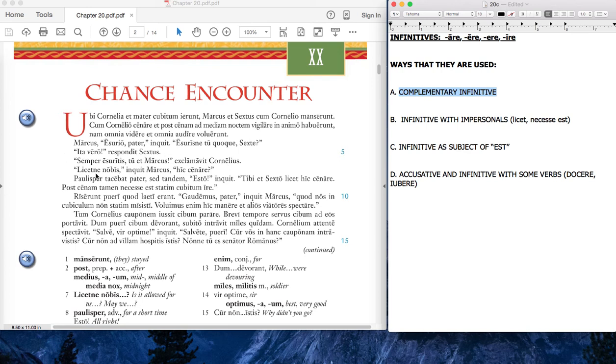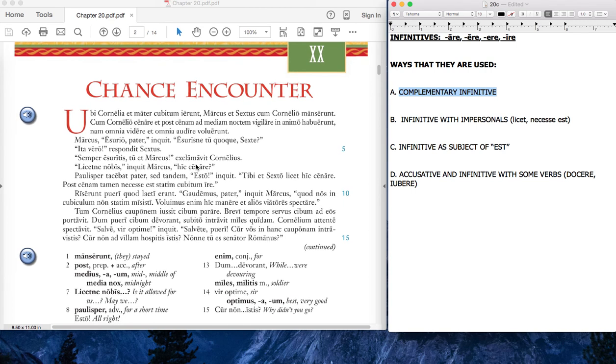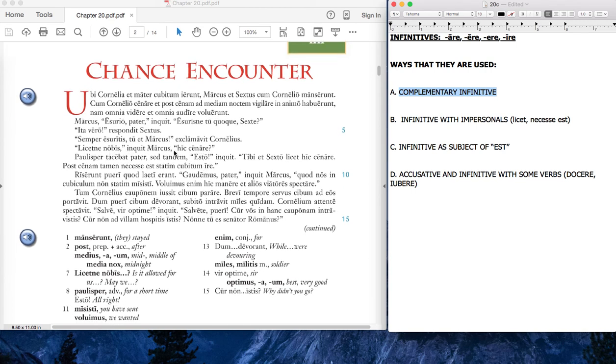If we look a little farther down, let's see. Okay, now we're on line 5, 6, 7, and now we see a fifth infinitive, cenare again. So to dine is the infinitive, but what is being said? The sentence is, Marcus asks his father, "Is it allowed for us to dine here? To dine here in the inn?"